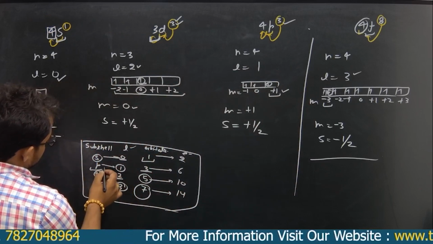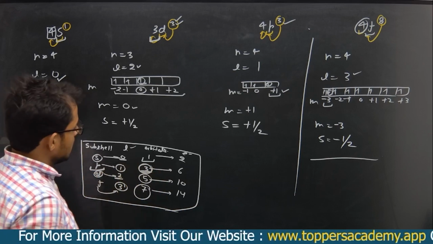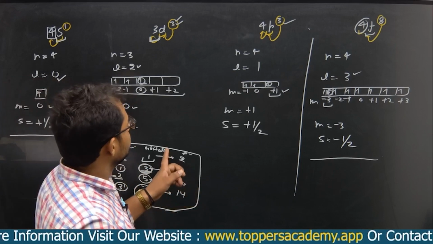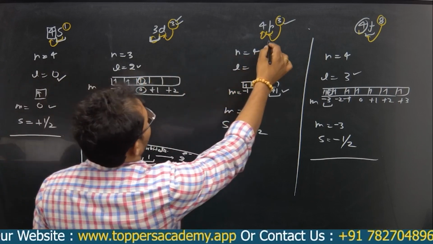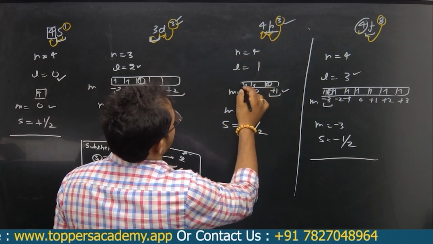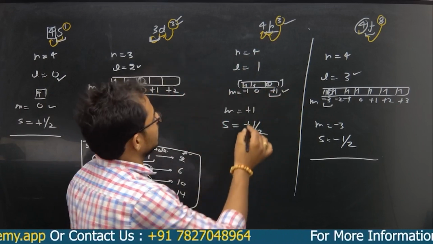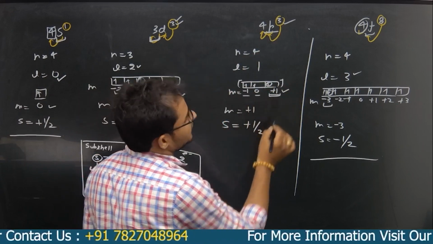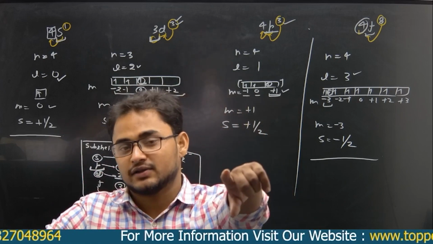For P subshell there are 3 possible orbitals, right? For P subshell there were 3 orbitals, that means 3 possible values, -1, 0, +1. Okay, so there will be 3 possible directions.